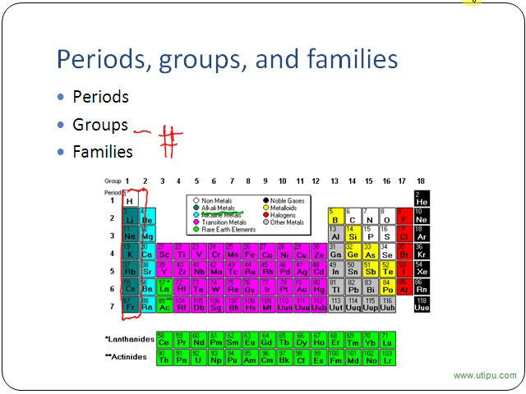And so those are the alkali metals. The next set that we have here are right next door to them, in group 2. Those are the alkaline metals, or sometimes called the alkaline earth metals. That's them right there, the blue ones. And so alkaline earth metals are those right there.